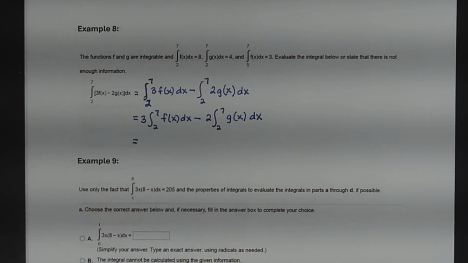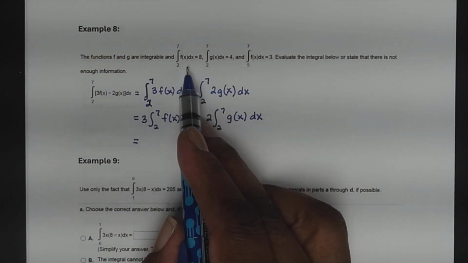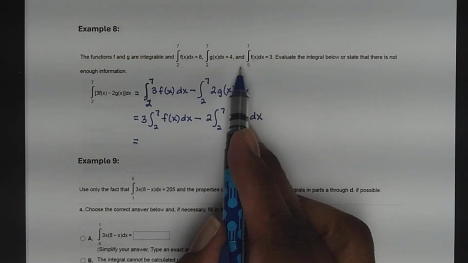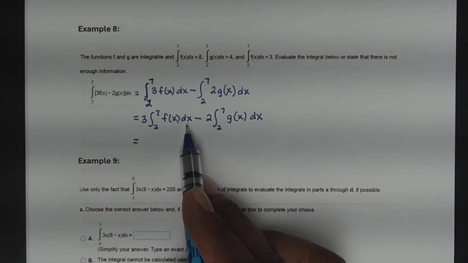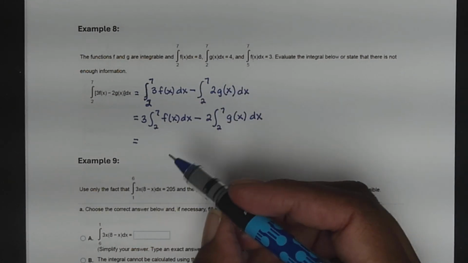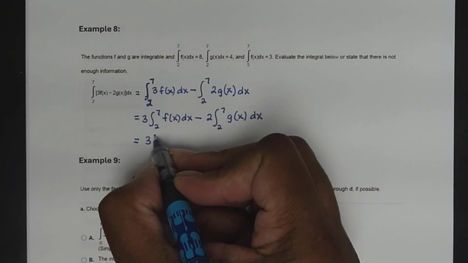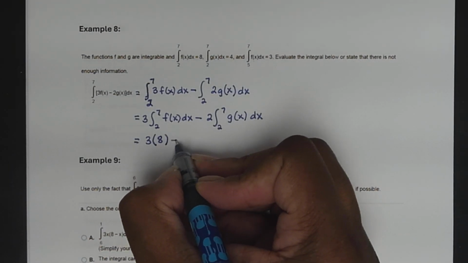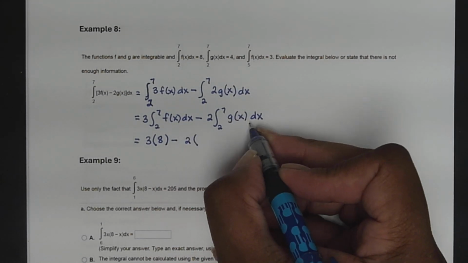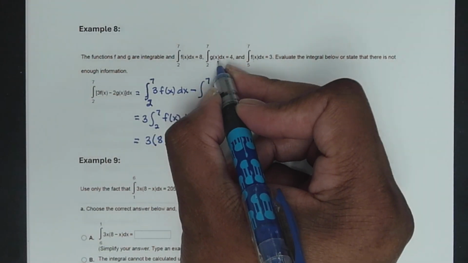All right, and now the next step would be using these given integrals. The integral from 2 to 7 of f of x dx, I have that right up here. That's going to be equal to 8. So I have 3 times 8 minus 2 times the integral from 2 to 7 of g of x dx. Well, I have that right here.